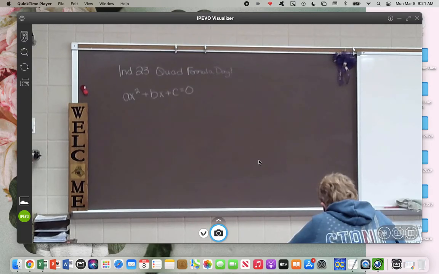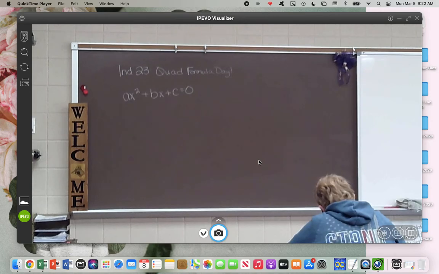With a quadratic, the coefficient that is with x squared is what we call a. The coefficient that's with x is what we call b. And the constant, the number without the variable, is always c.